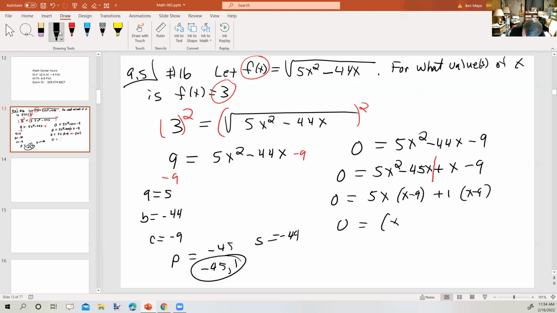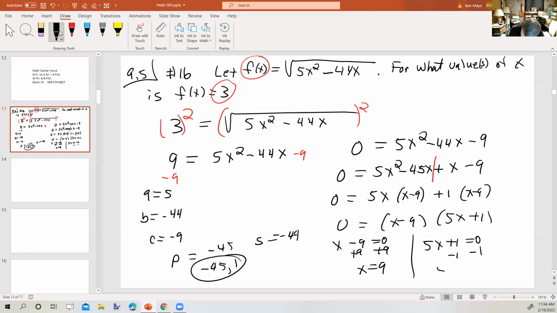So 0 equals x minus 9 times 5x plus 1. So x minus 9 equals 0. Adding 9 to both sides, we get x equals 9. 5x plus 1 equals 0. Subtracting 1 from both sides, we get 5x equals negative 1. Divide by 5, we get x equals negative 1/5.